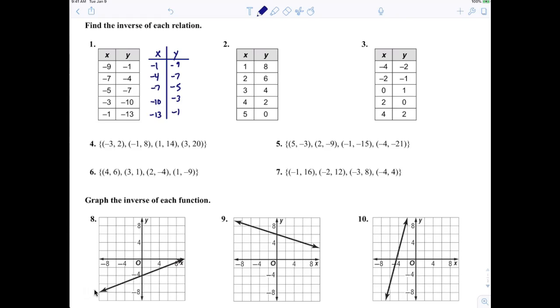All we're doing is switching the x and y. Awesome.